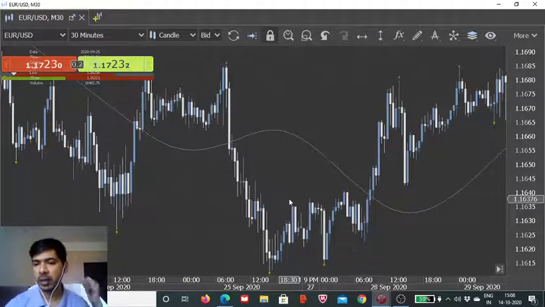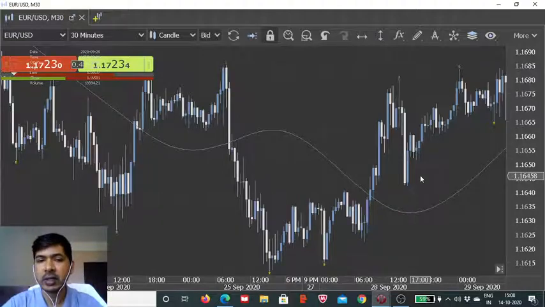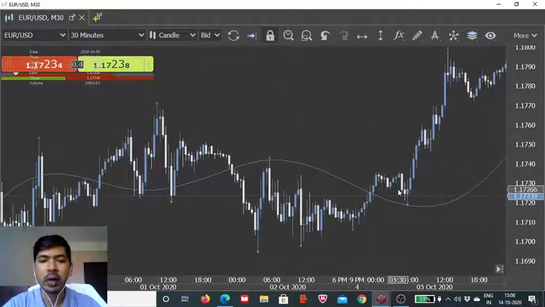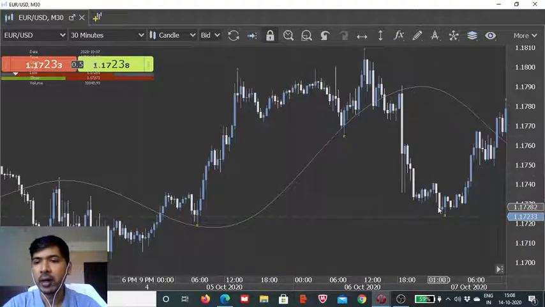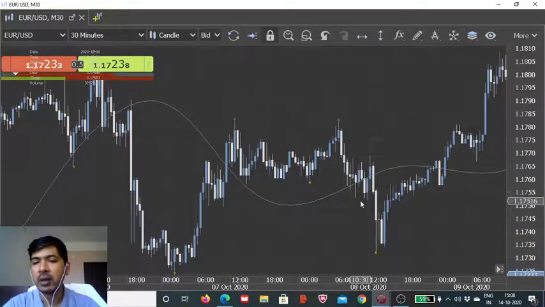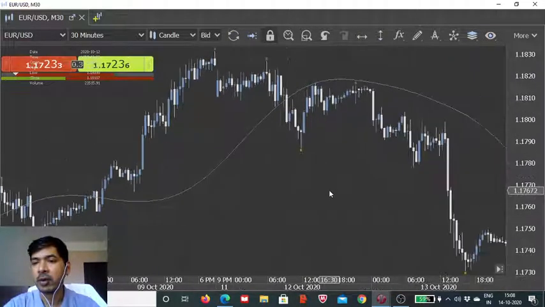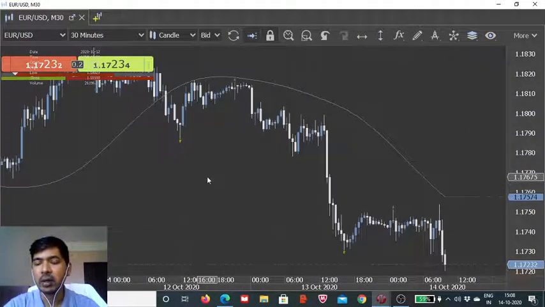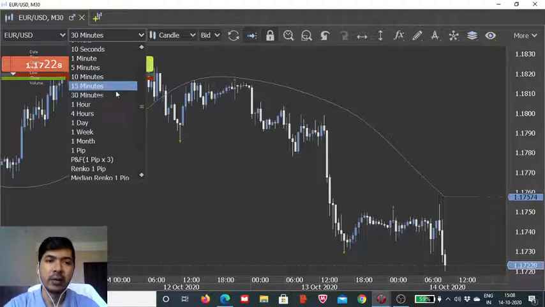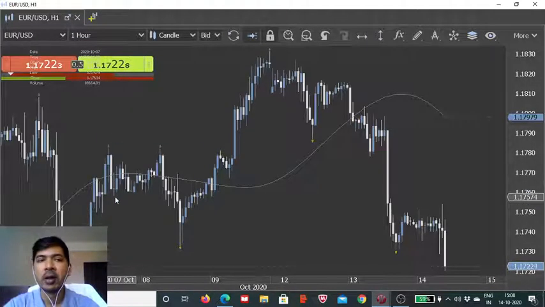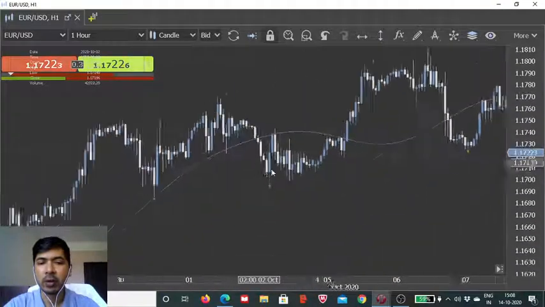As you can see, we have a lot more smoothing, and you get the idea of trend change on a relatively longer time horizon, and you get to decide whether this trend is going to last long enough, and then you can trade accordingly. Suppose we make it hourly, the plotting will look something like this.